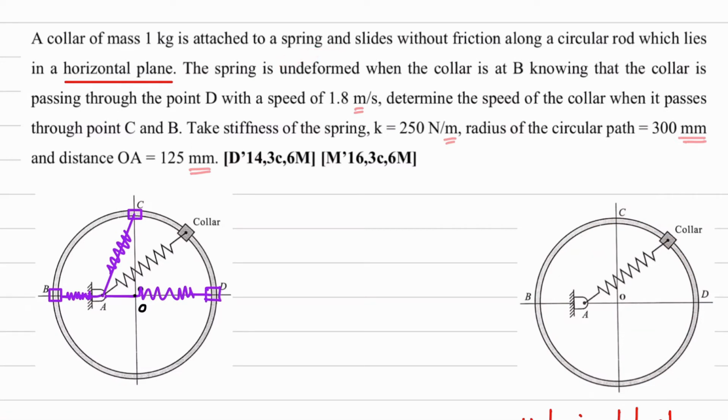Okay, if friction is there, then the force will be different, and since the path is different, the friction force will be different. But since we don't have any non-conservative forces for this numerical, even if the collar moves from D to C in this way or in that way, it doesn't matter.